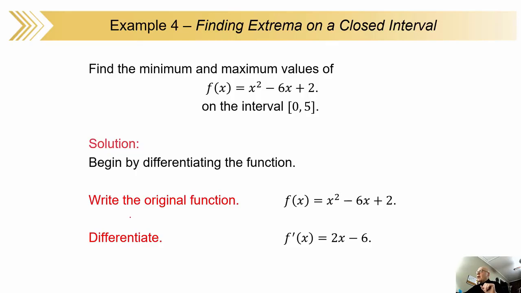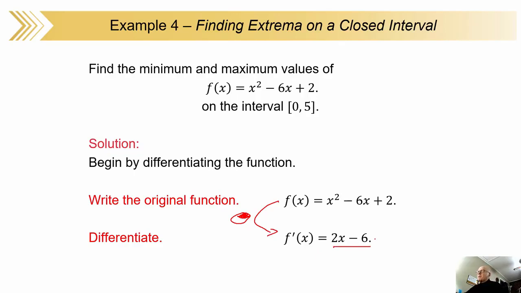Small reminder, if some of these things don't become automatic, if you can't go from this to this in the blink of an eye, you need to go back and get some more practice. This should become extremely easy by this point. Okay, back to the point.